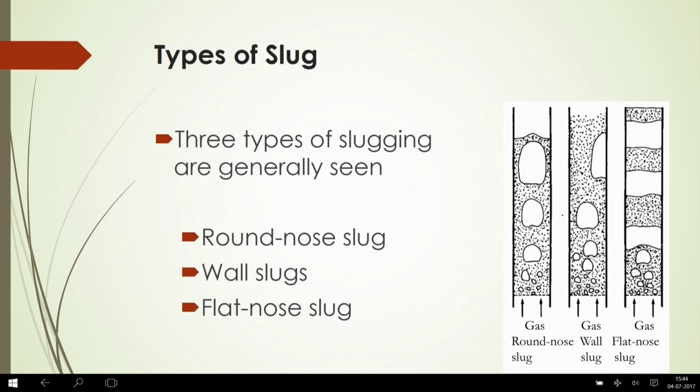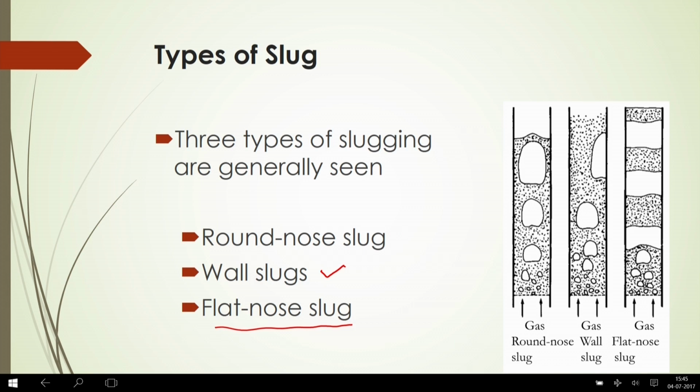One is called the round nose slug and another is called the wall slug. Sometimes these slugs come in such a way that they occupy the whole cross section of the bed, and this forms a different type of slug called the flat nose slug. So, mainly these 3 types of slugging are seen.